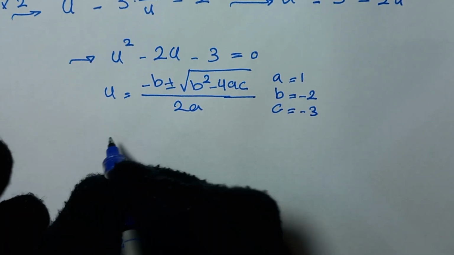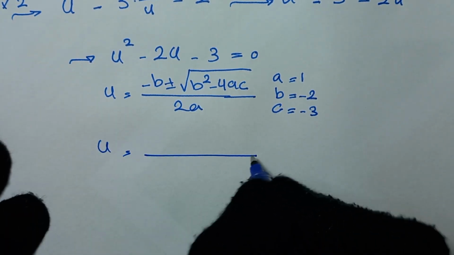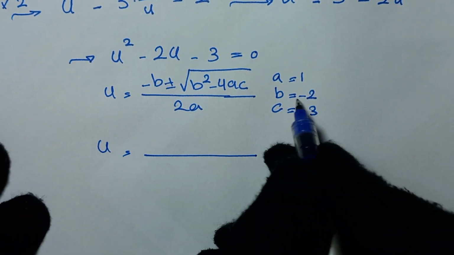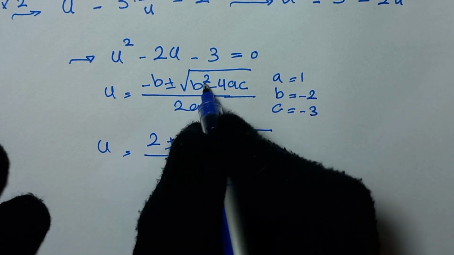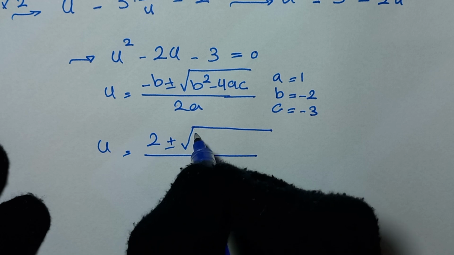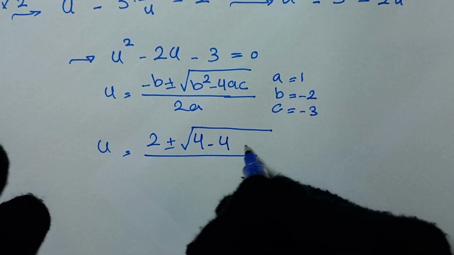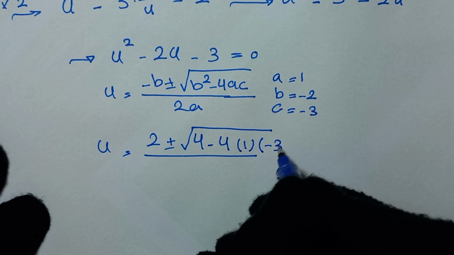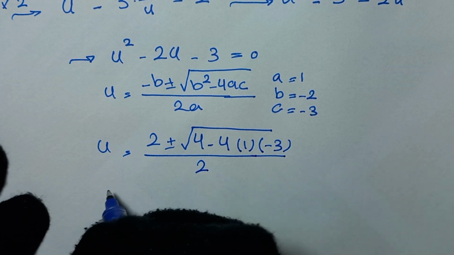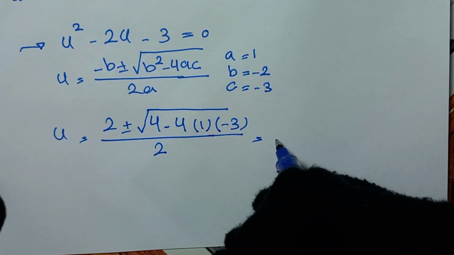So u is equal to negative b, negative 2 is positive 2, plus or minus square root of b squared, negative 2 squared is 4, minus 4ac, 4 times a is 1 and c is negative 3, over 2a, 2a is 2.